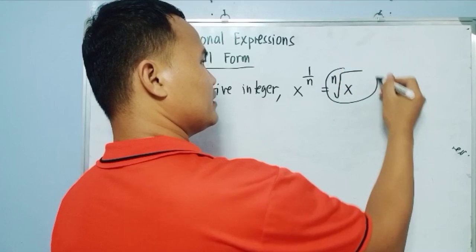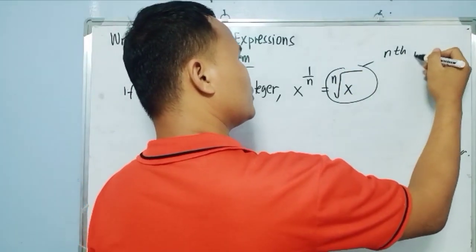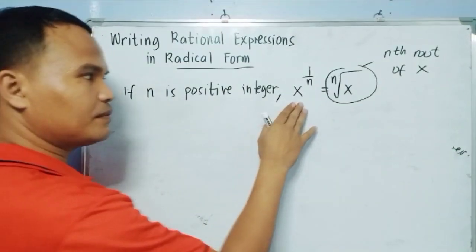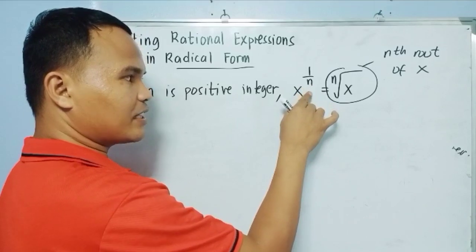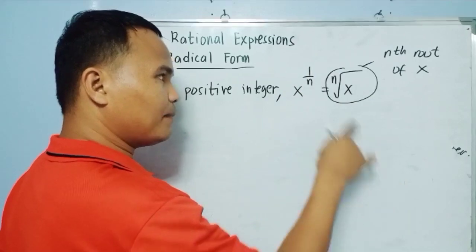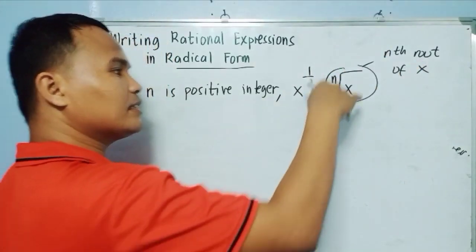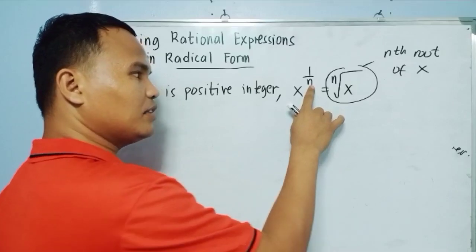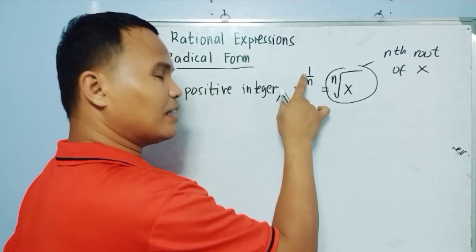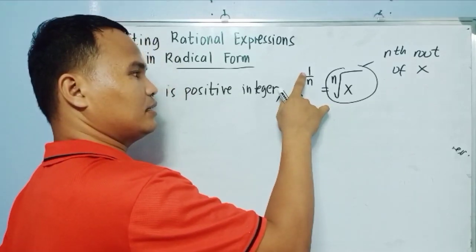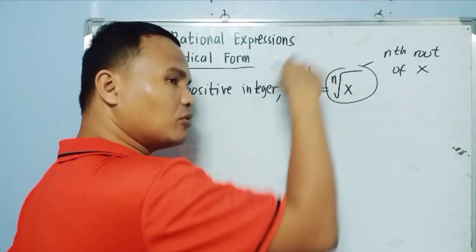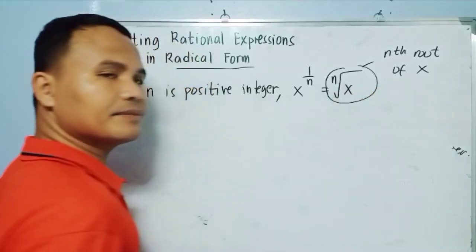So, ang basa ani, nth root of x. So, as you observe here, the exponent of x is a fraction. Kung inyo nakita, pag abot in writing radical form, ang atong denominator mao ang index. Okay? Ang atong numerator sa x nga exponent kay mao na.